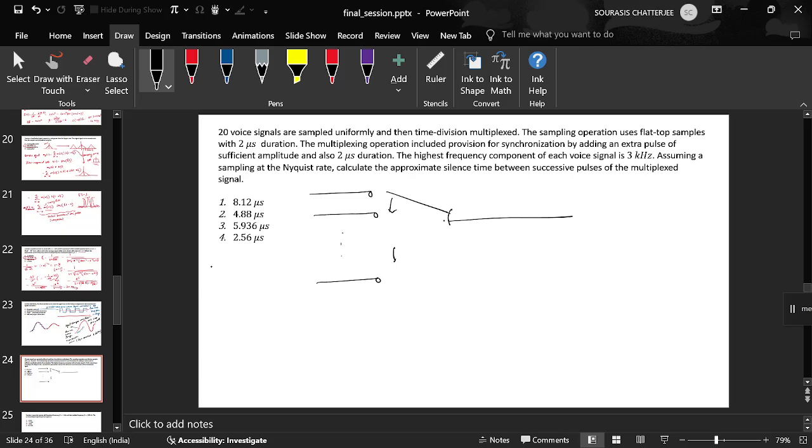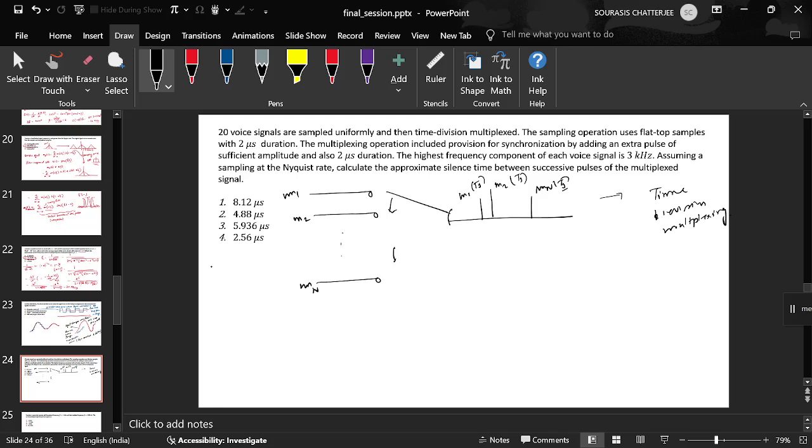Here you have all the reconstructed signals. For example, you have m1, m2 up to mn. So you have a sample from m1 at Ts, a sample from m2 at Ts up to mn at Ts. So this is time division multiplexing.